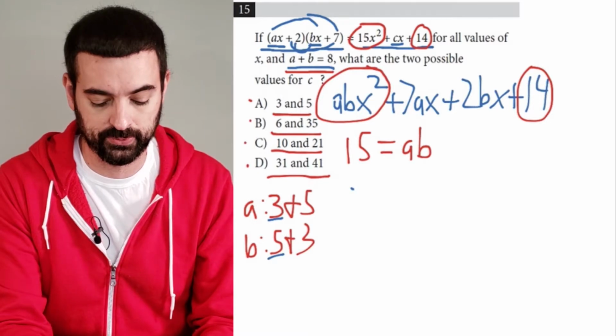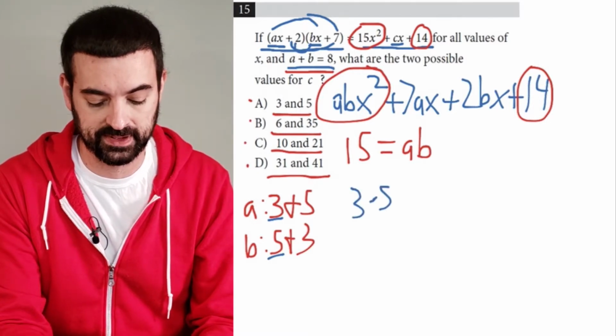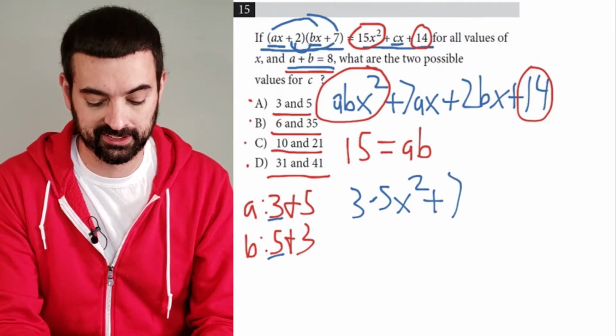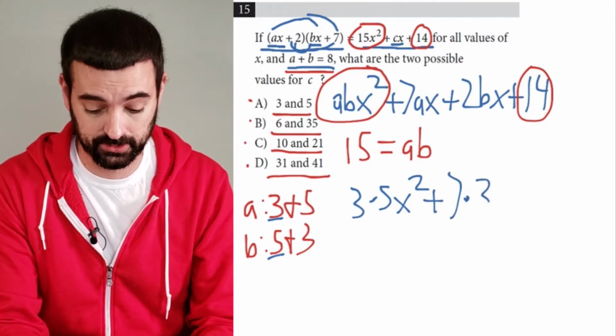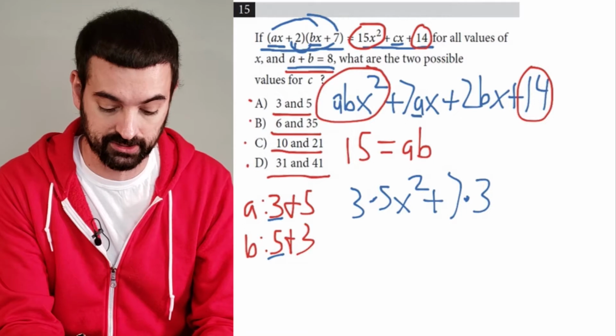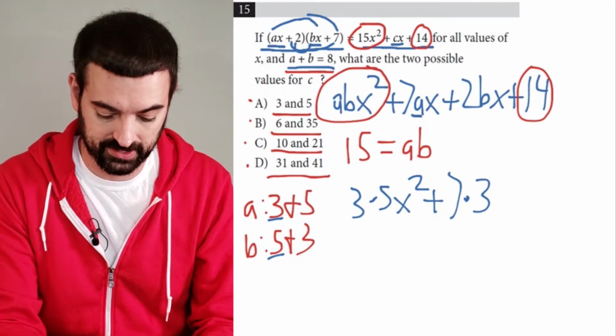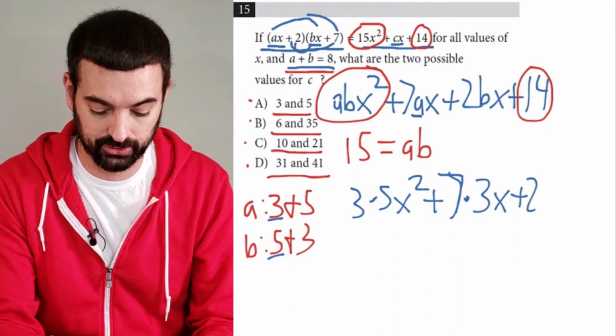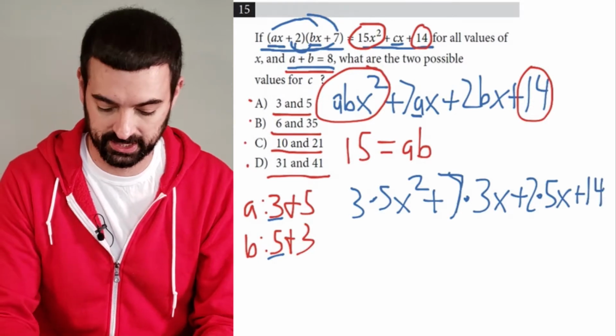If we start off with 3 times 5x squared plus 7 times 3, again, A is going to be equal to 3, 7 times 3x plus 2 times 5x plus 14.